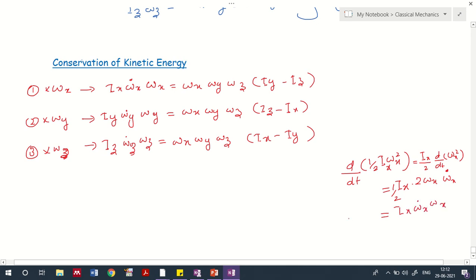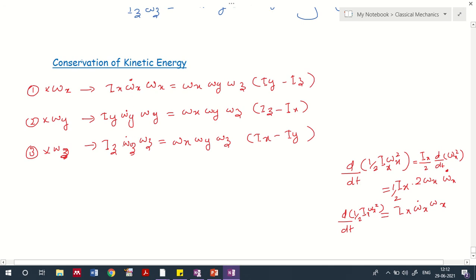So d by dt of half Ix omega x square equals Ix omega x dot omega x. That is the first term here, so I can replace this term by d by dt of half Ix omega x square.